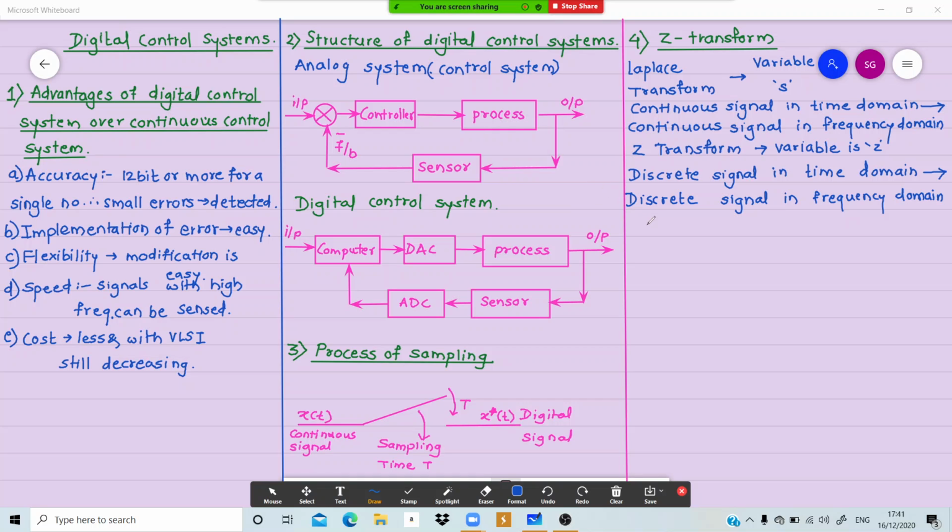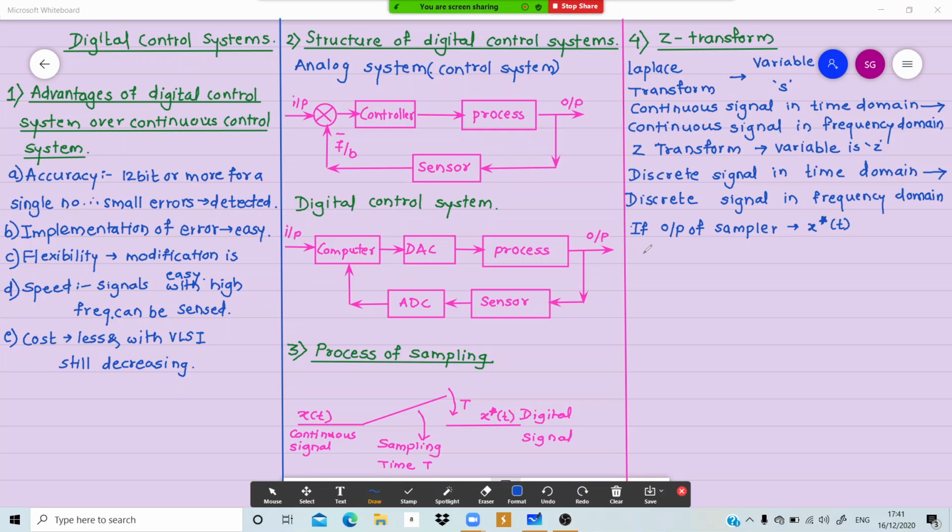Let us see. That means, see, I'll write, if the output is sampled, right? If output of the, after sampling, whatever is the output, that is output of the sampler, we are denoting it by x star of t.